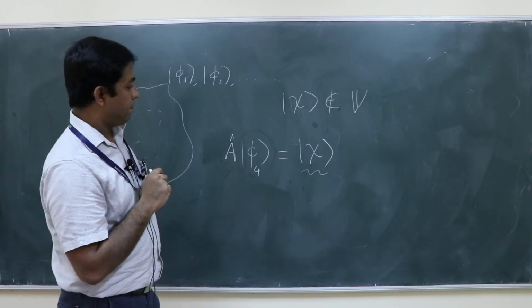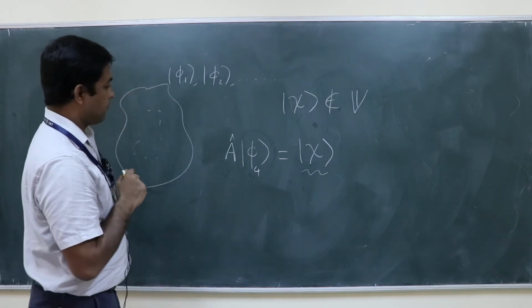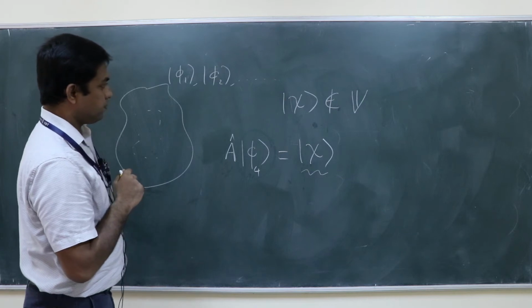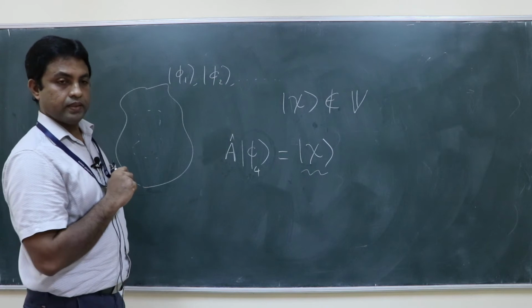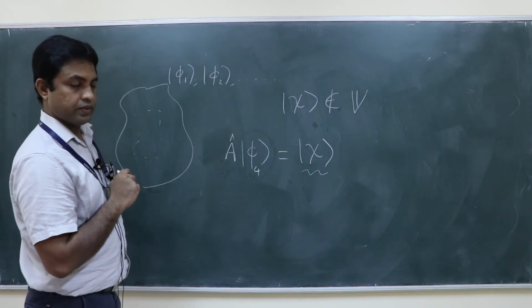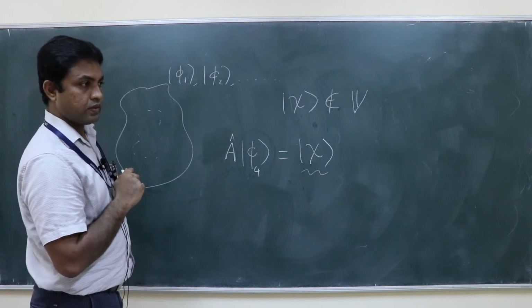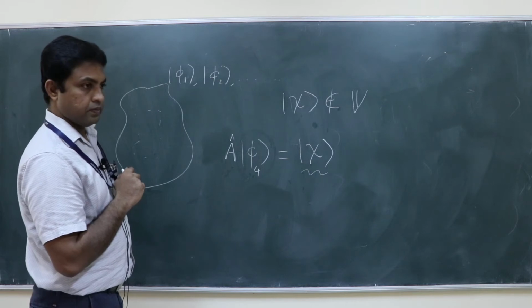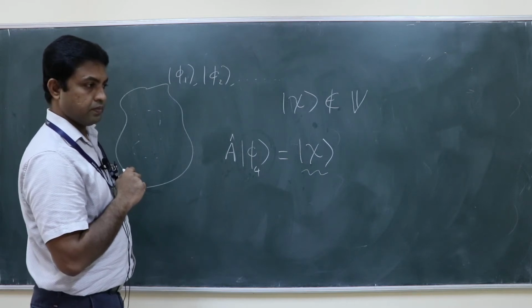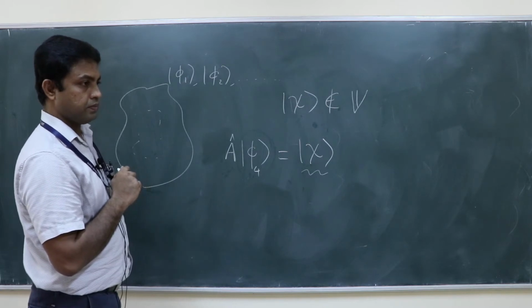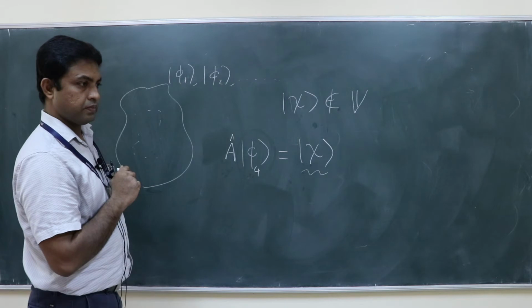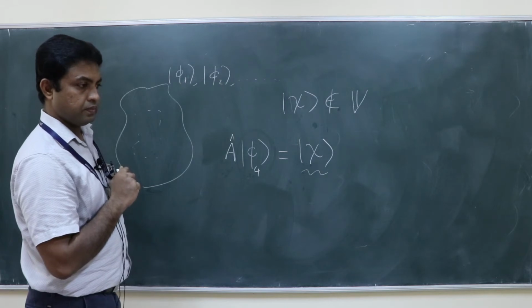My argument was the point that you told, that some vectors it will take out of the linear vector space if you operate with this A. Yes. That will not be constituting the domain. Yes. And suppose any vector we can represent as a linear combination of bases. If you operate on a vector which is a linear combination of bases, it means this operator is acting on the basis also.